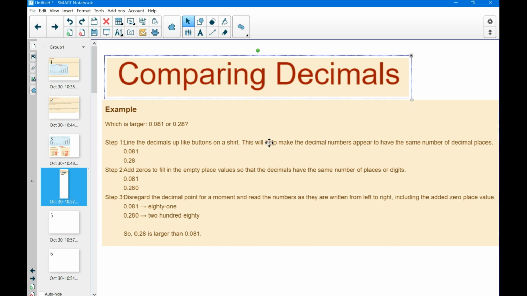Which one is larger, 0.081 or 0.0288? First thing we should do is line them up so that the decimals coincide, one on top of the other.